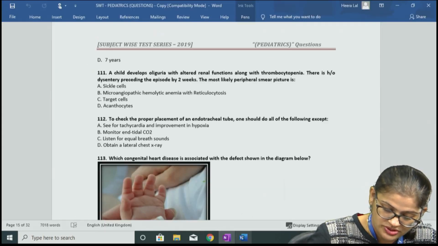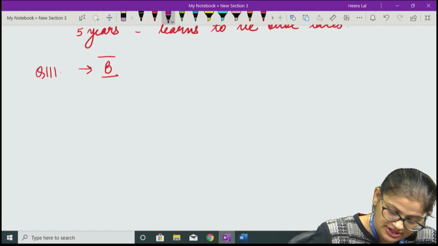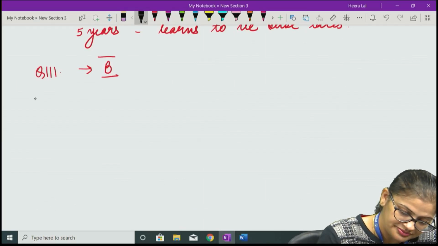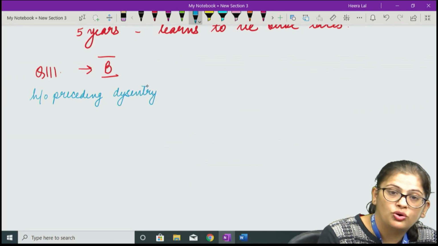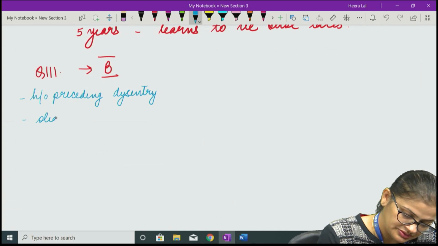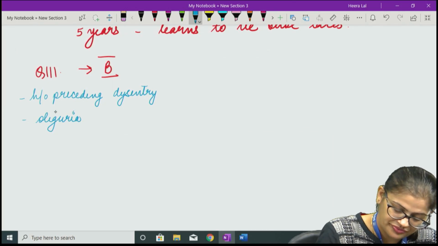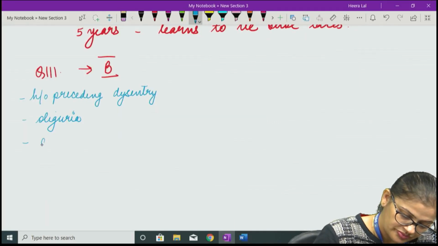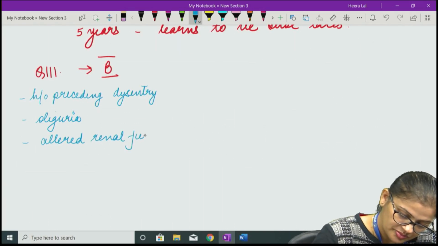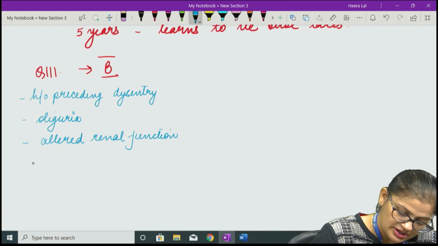The clues in this question were, there is history of preceding dysentery. There is oliguria. There is altered renal function. And there is thrombocytopenia.